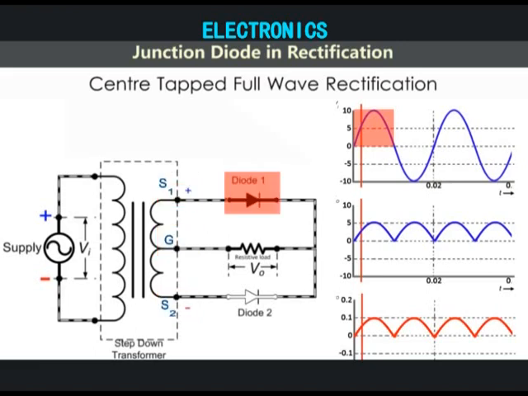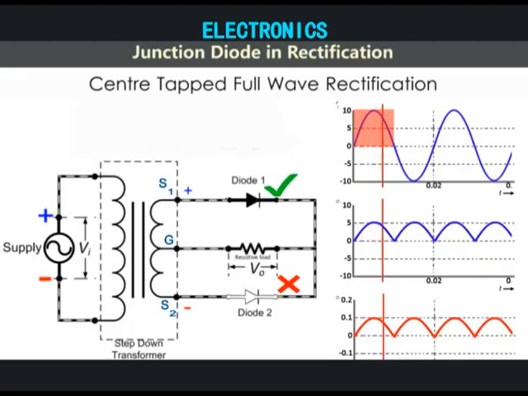At this point, diode D1 will be forward biased and D2 will be reverse biased. So D1 conducts, but D2 does not. The current thus flows in this direction. We call it A to B, and a voltage drop will appear across the load.